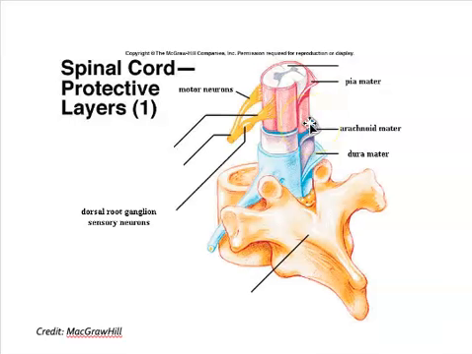And those spaces are actually where cerebrospinal fluid flows up and down the length of the spinal cord inside the subarachnoid space, inside that meshwork of connective tissue fibers that lie between the arachnoid mater and the pia mater.